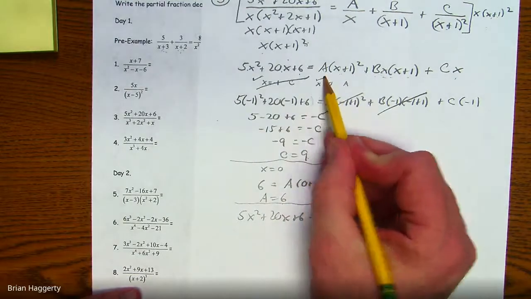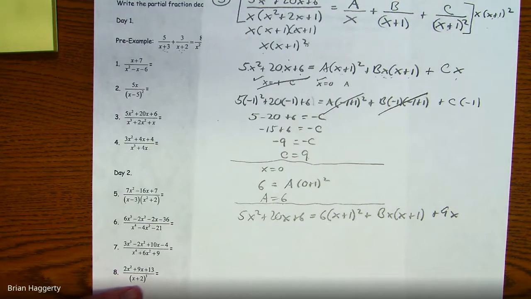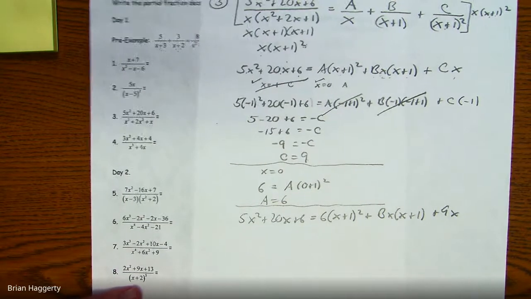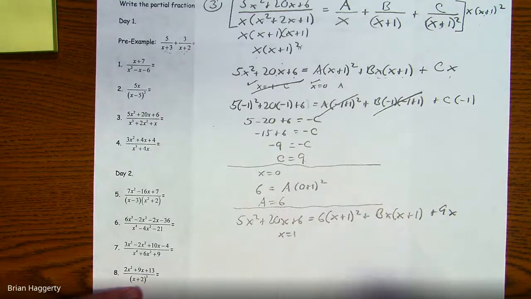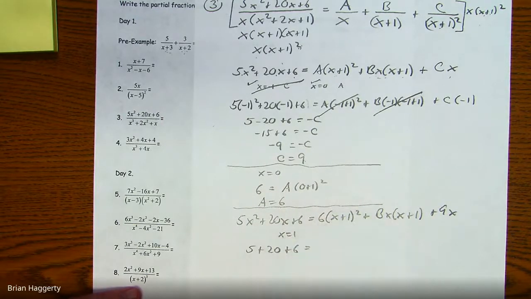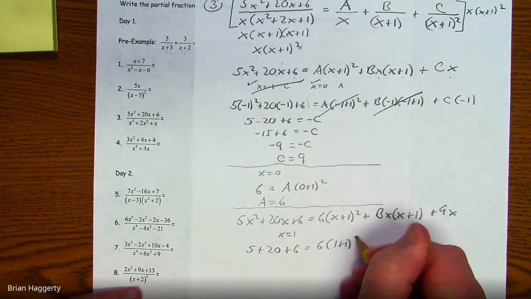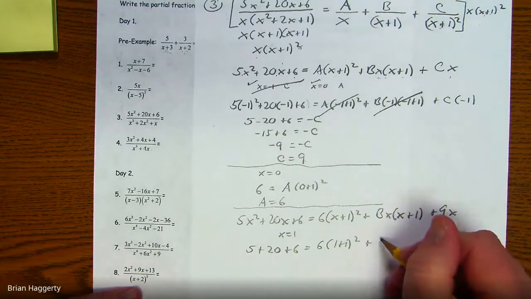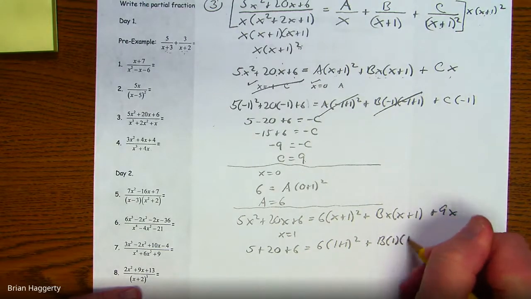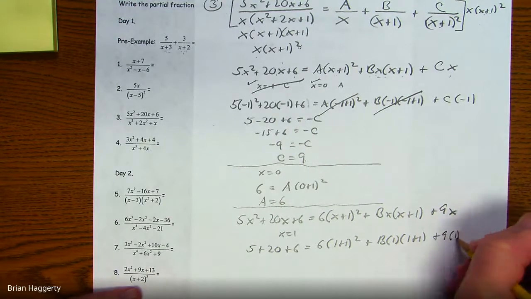We've already used x equal to 0. So we need to pick a third x value to plug in. I would go with 1. If you like something else, pick something else. If you plug in x is 1, it's going to be 5 plus 20 plus 6. That works out pretty clean. 6 times (1 plus 1) squared, b times 1 times (1 plus 1), and 9 times 1.